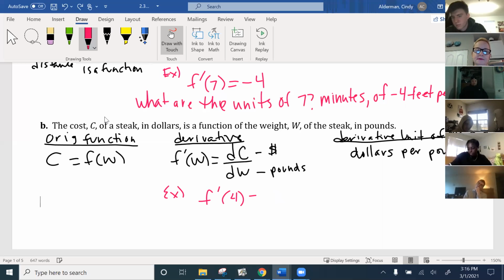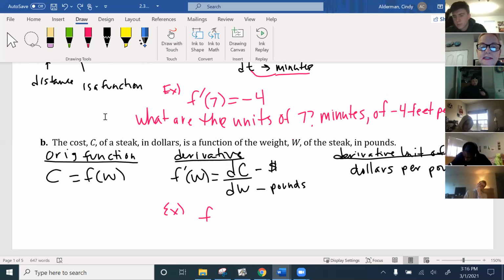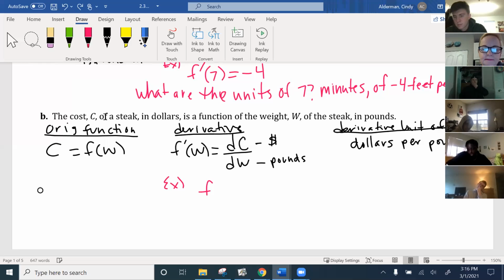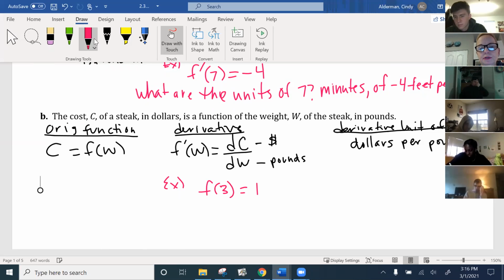I'm kind of making this up as I go. Okay, so let's say f of 3 is equal to 12. What are the units of 3?